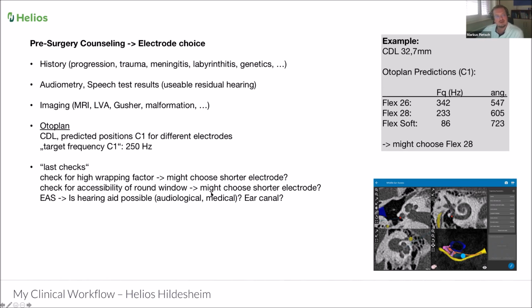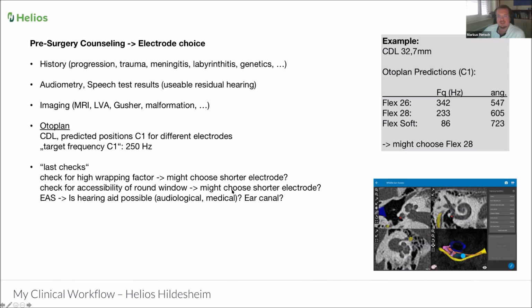Another check: you should always see if the accessibility of the round window is good, so the facial nerve is not very limiting the access to the round window. It might be harder to insert a longer electrode with a worse access to the round window.